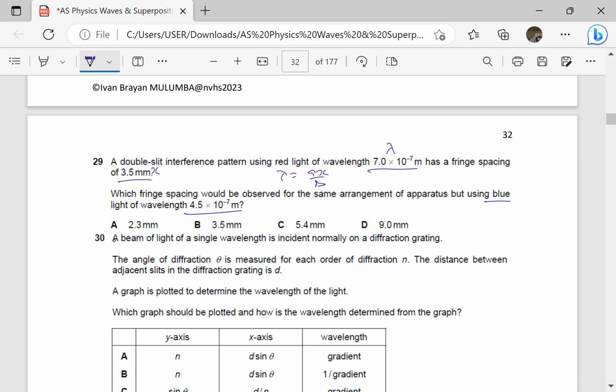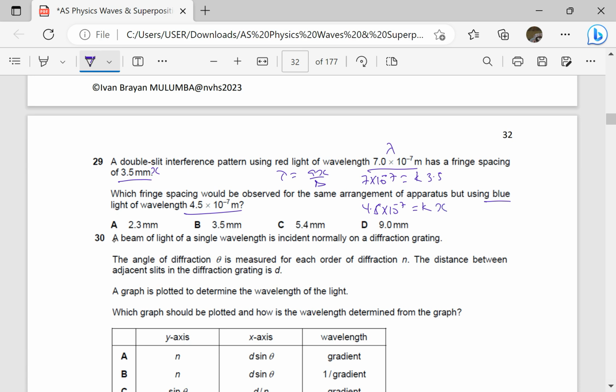For the first one, the wavelength 7 times 10 to the power negative 7 is equal to a constant, because a over D are constants, times 3.5 millimeters. For the second one, the wavelength 4.5 times 10 to the power negative 7 is equal to the same constant, times x.